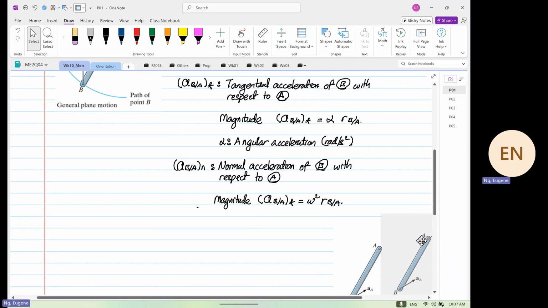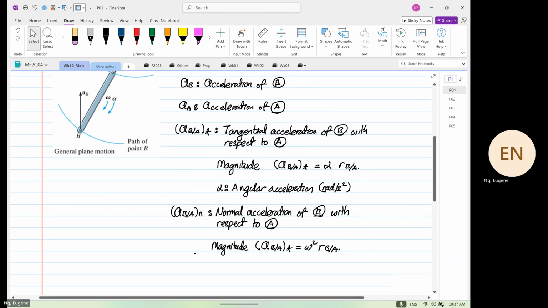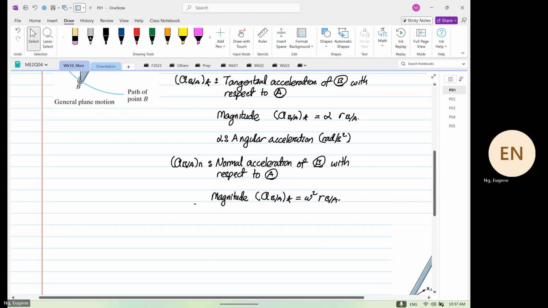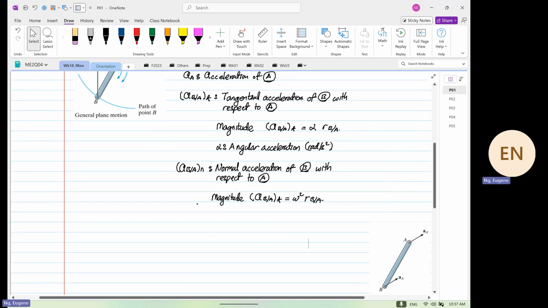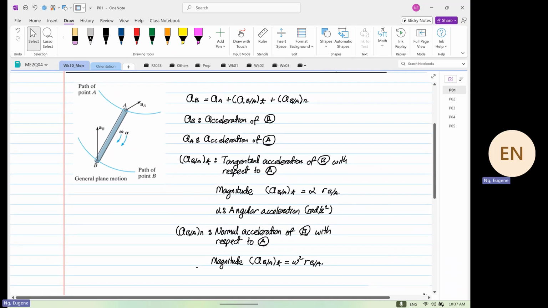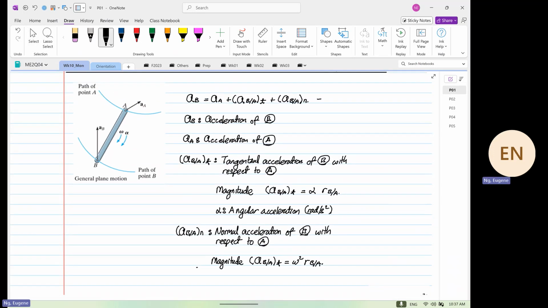You don't worry about that image first. So if we now were to go back to equation number 1, can you label this equation number 1, please? Okay.